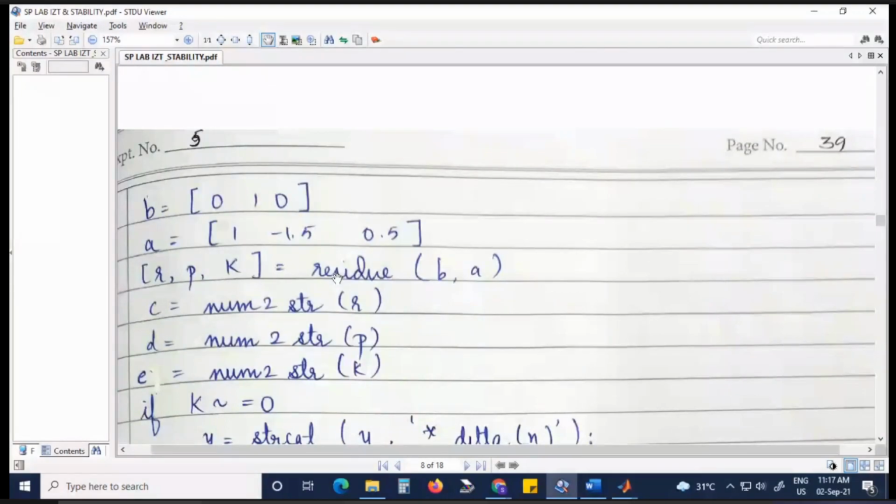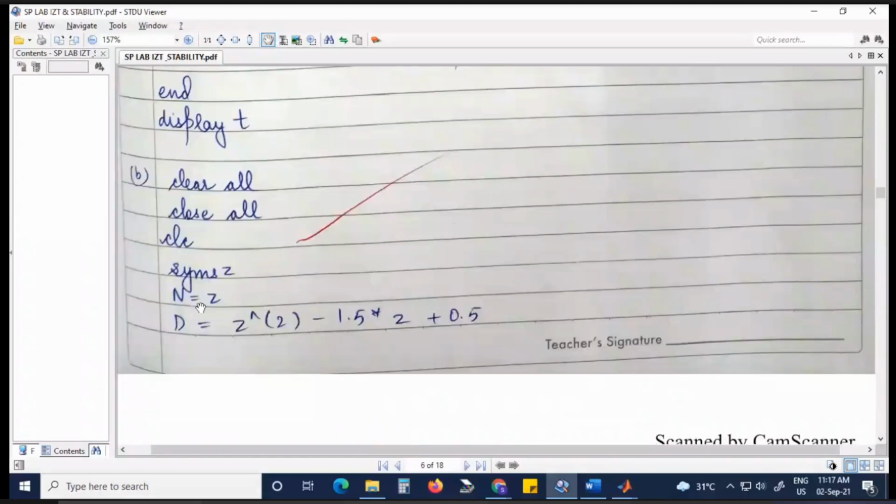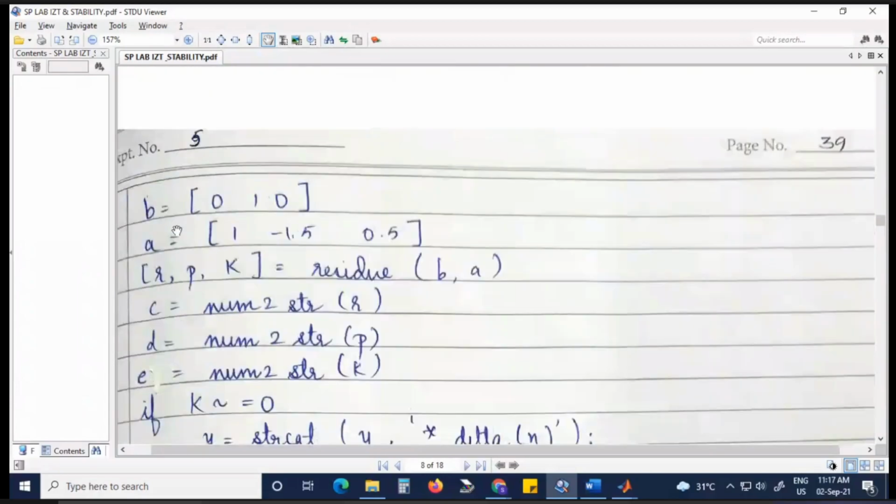So again we are writing that same format. This b is equal to, here the same program: clear all, close all, the same sims z, then b and a, these coefficients of numerator and denominator.